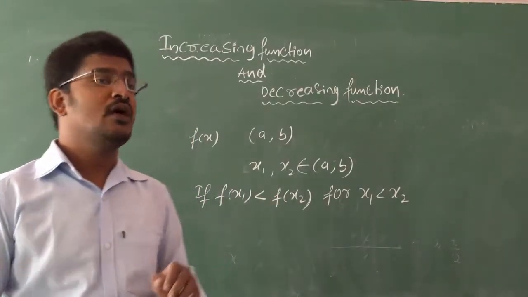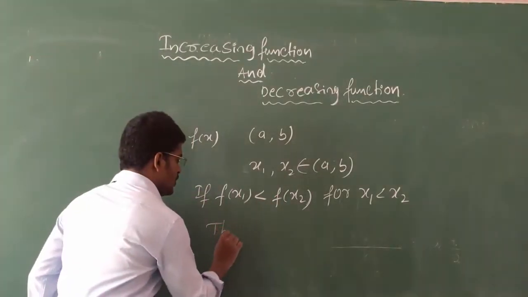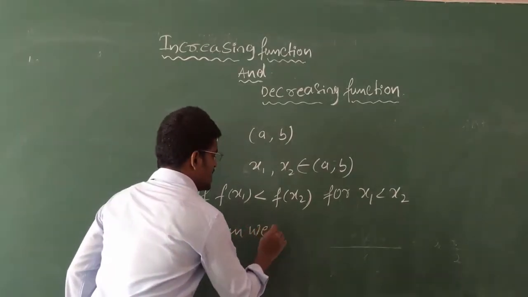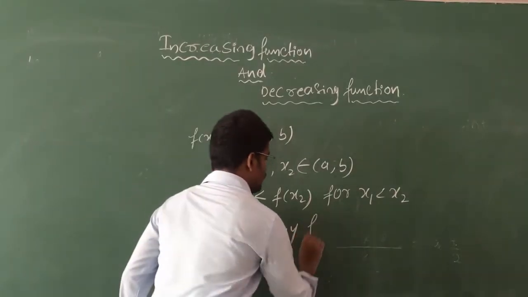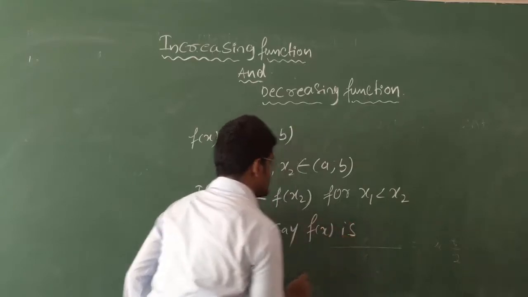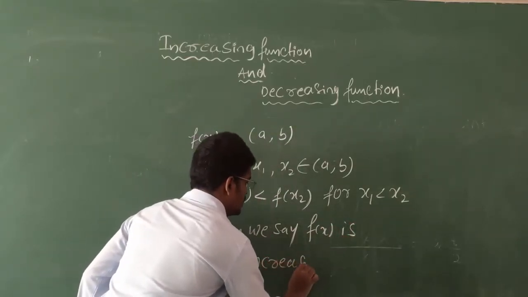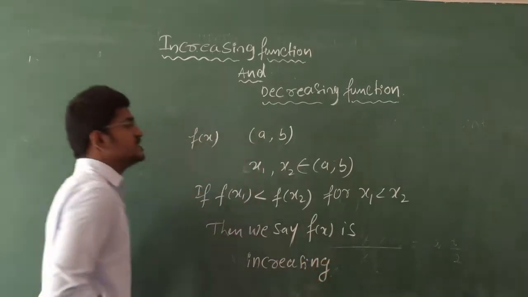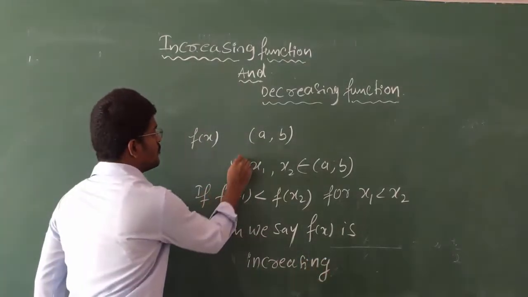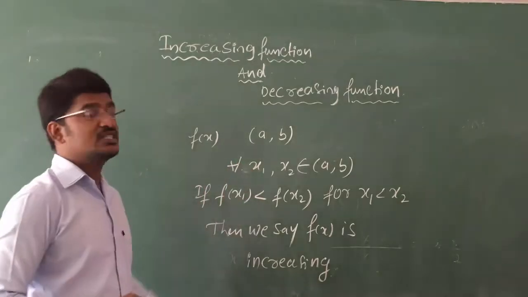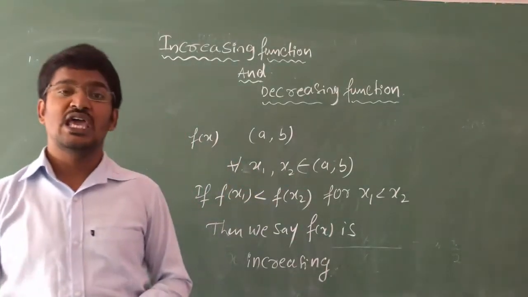Then we say f of x is increasing. This must hold for every x1, x2 belonging to a comma b.